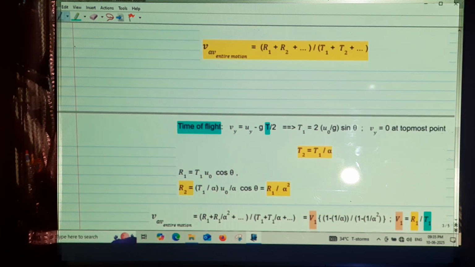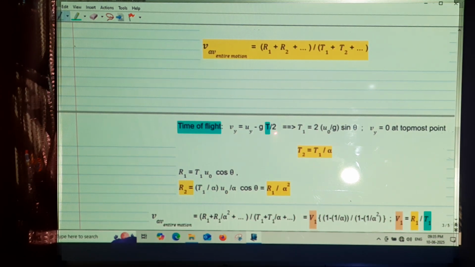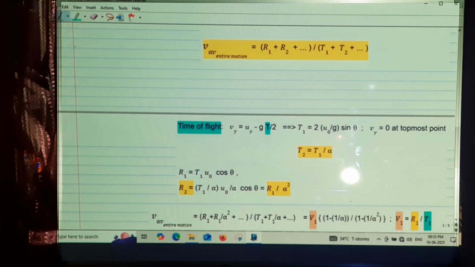For the flight time, take the maximum height point in the vertical motion, V equal to U plus AT, where A is minus G and the time is T by 2 to go from the ground to the maximum height point. From this, you get the flight time as 2 times U0 by G into sine theta. For T2, instead of U0 we have U0 by alpha, because the velocity is dropping by a factor 1 by alpha.